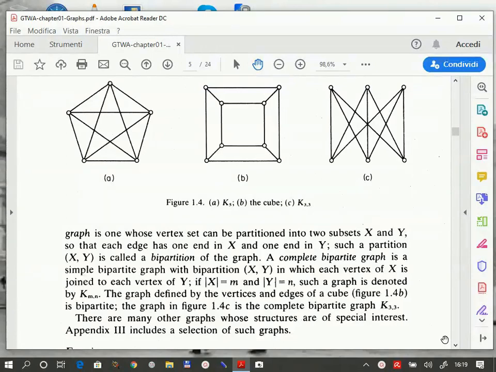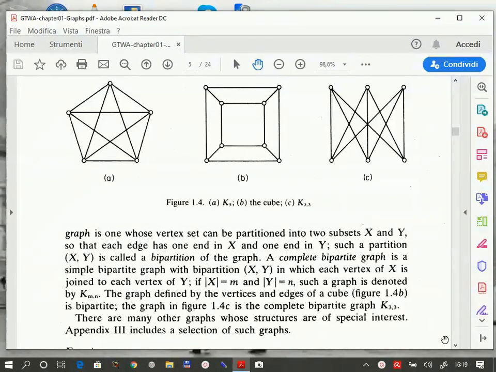And you can have quite a lot of situations in which you have a bipartite graph, when you have relations between things of two different types. For instance, in family A you have teachers, in family B you have different classes, and a teacher teaches two different classes, and also a class is taught by different teachers, okay?